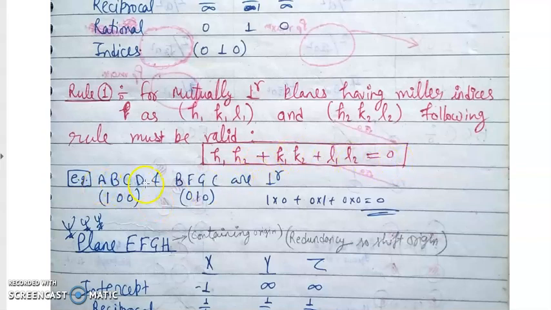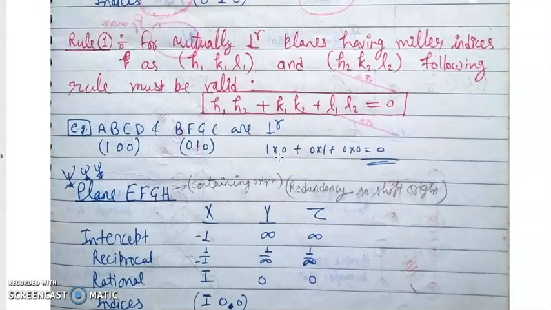If ABCD and BFGC are perpendicular planes, then this is the Miller indices for the ABCD plane and this is the Miller indices 0, 1, 0 for BFGC, and these two are perpendicular. If you multiply respectively H1 with H2, then K1 with K2, and then L1 with L2, the summation of these three products will be equal to 0.